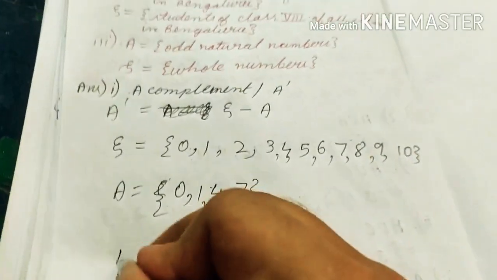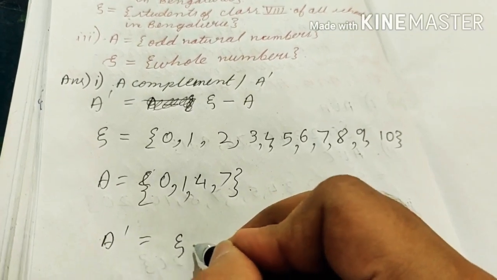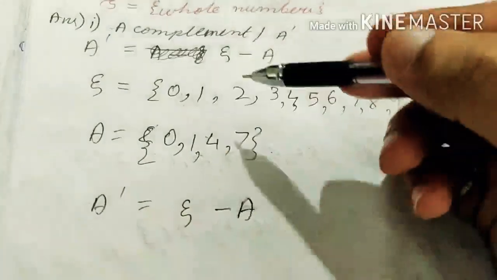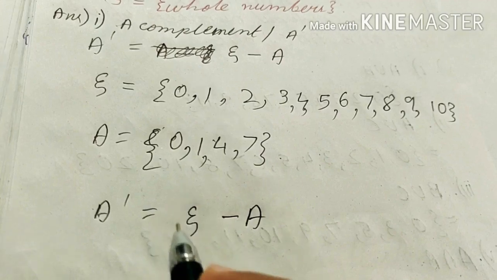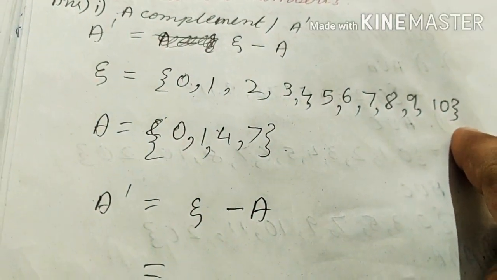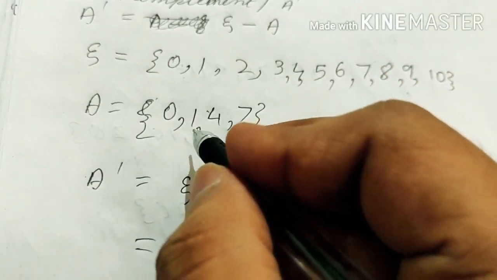And we have to find A's complement, that is universal set minus A. So we have to eliminate those elements from the universal set that are in set A. Okay, we have to eliminate 0, 1, 4, 7 from this set. 0 is present, so 0 will be eliminated. 1 is also present here, so 1 will also be eliminated.